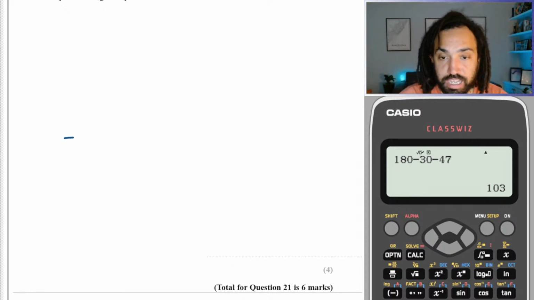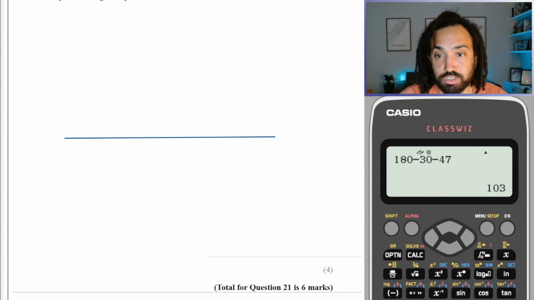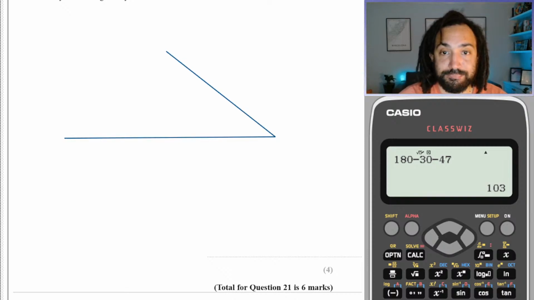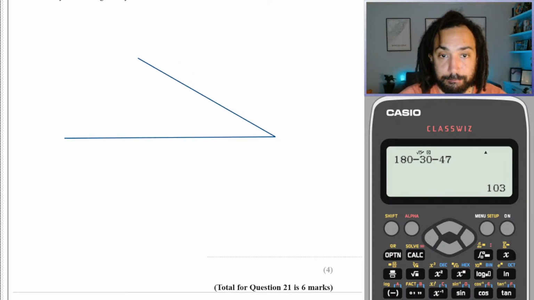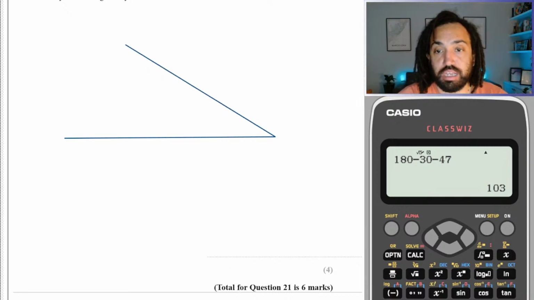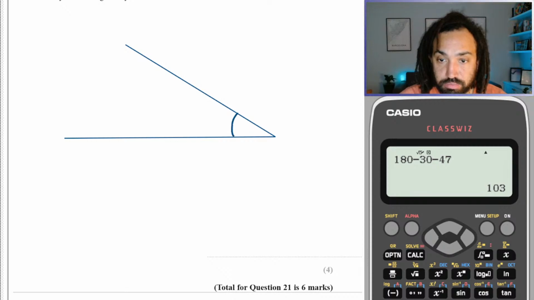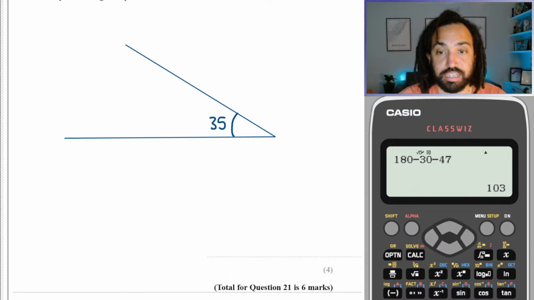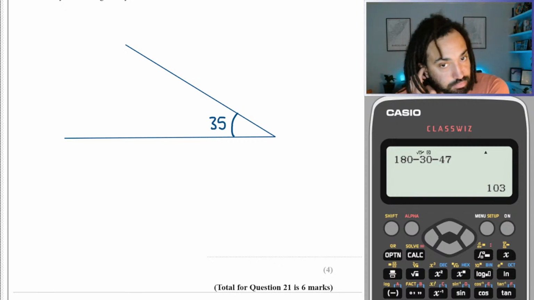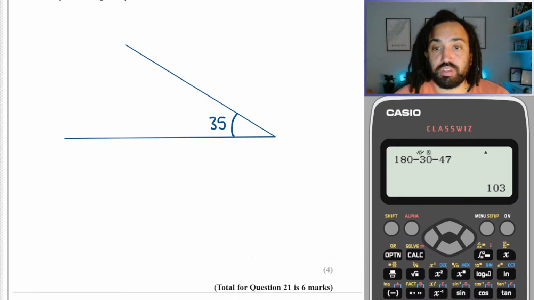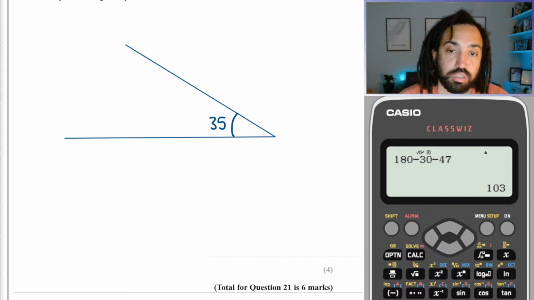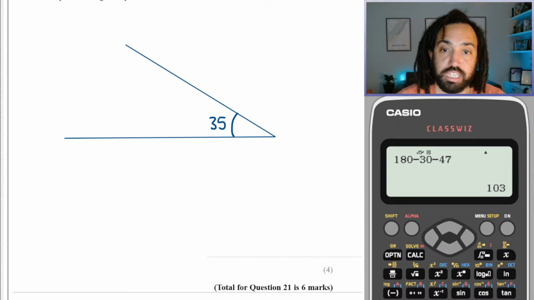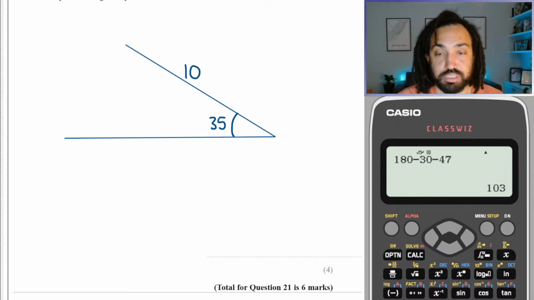Now, if you have a triangle like this, and in that triangle, you know one of the angles, and you also know one of the sides. Let's say, for example, this was 10.